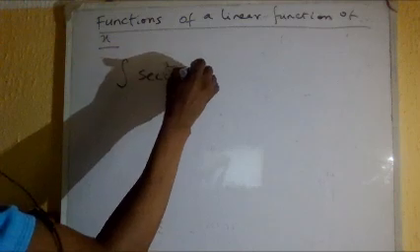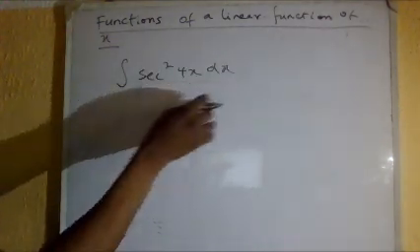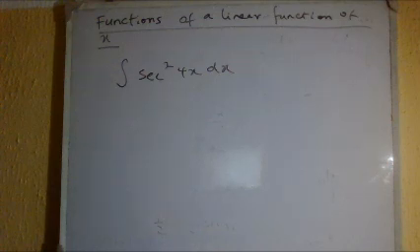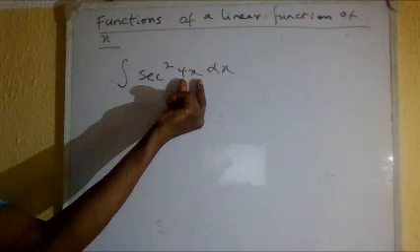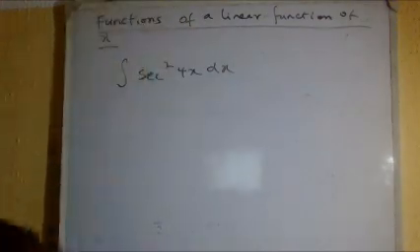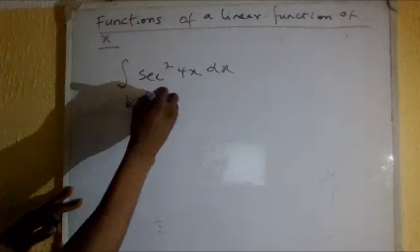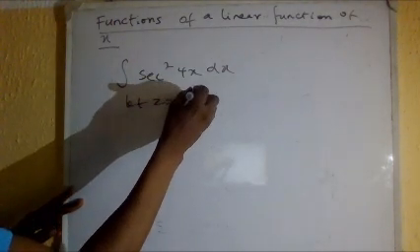So this is another function of a linear function of x. So the linear function is this one inside here, and there's a bigger one outside. So again, let z be 4x. Let z be 4x.